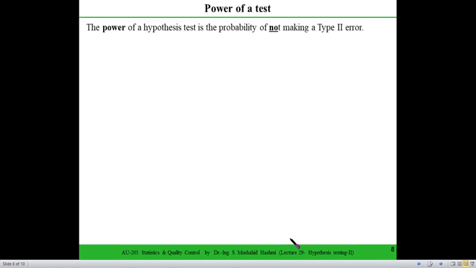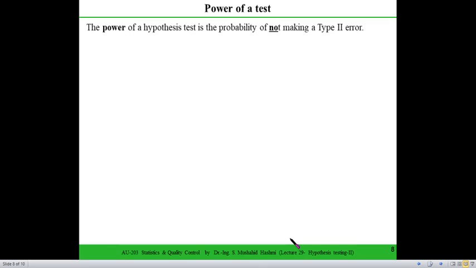Okay, another term is called the power of a hypothesis test. The power of a hypothesis test is once again a probability: the probability of not making a type 2 error.